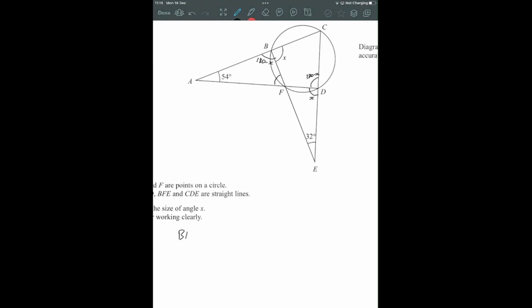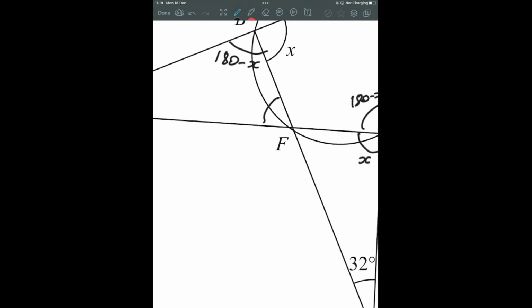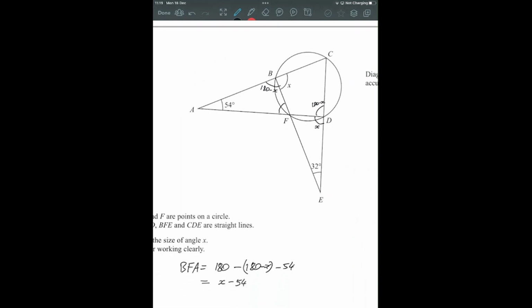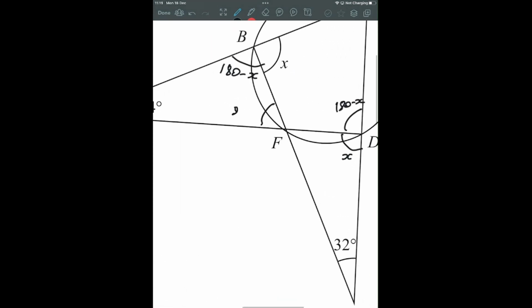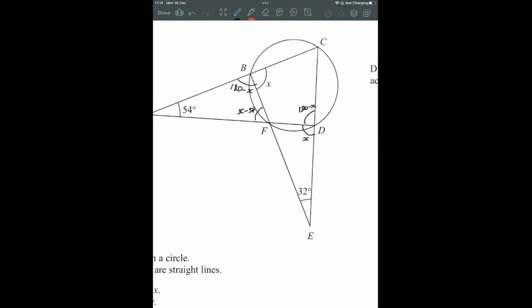So BFA is 180 minus the other two angles in that triangle. Being careful with my algebra, the 180s cancel. So I believe that angle there at F, what did I say? It was x minus 54. And I can do a similar thing on this side.